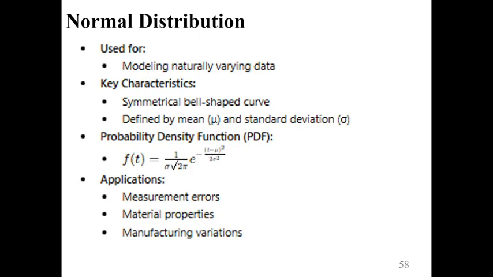Due to its mathematical properties, as you can see in this slide, and its prevalence in nature and engineering systems, this distribution function is widely used in reliability analysis, and it can be used in control applications.